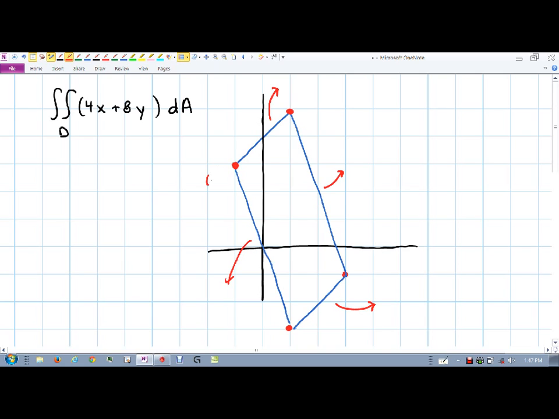Well, this point right here is (-1, 3), right? And this point right here is (1, 5). It looks like it has a slope of 1, right? From my drawing, a slope of 1. What's the y-intercept? 4? Do y'all agree?